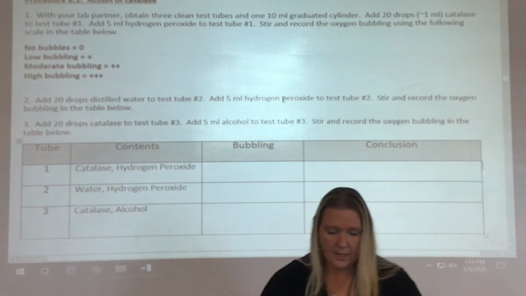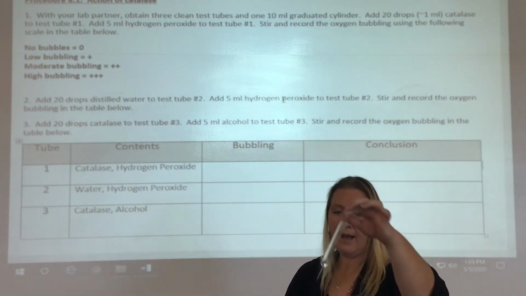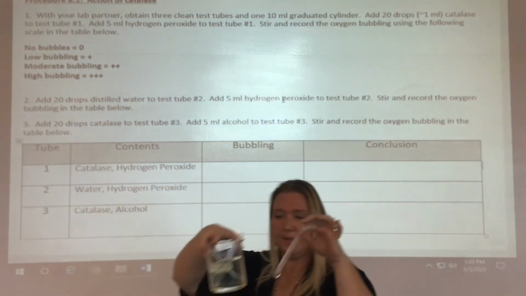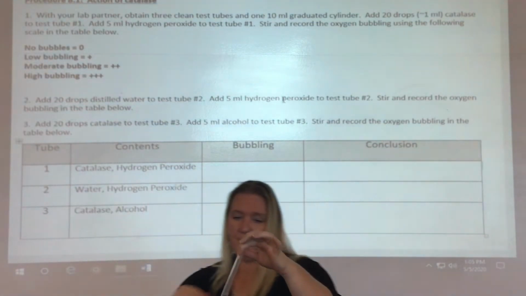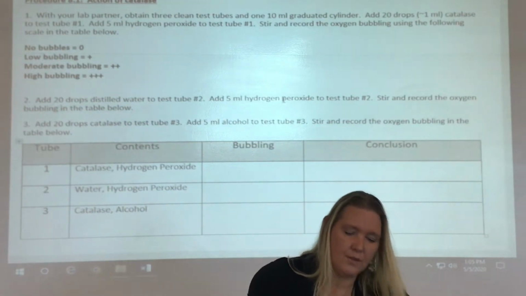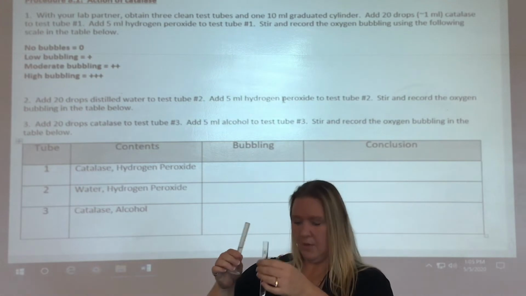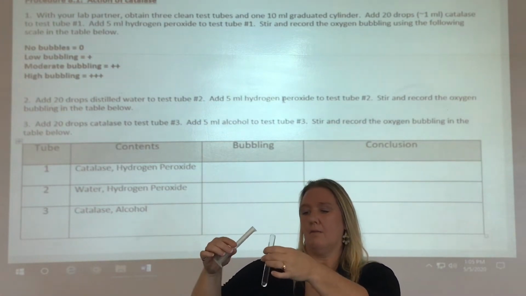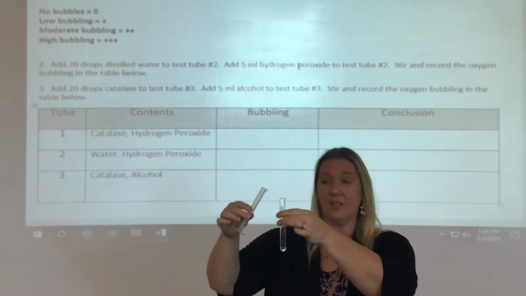So I'm going to do that one here in front of you. Test tube 1. I have the catalase in here already. Took my 20 drops of my enzyme, and I put it into this test tube. And then I have pre-measured 5 milliliters of hydrogen peroxide. I'm going to put those together and hopefully we see that reaction.